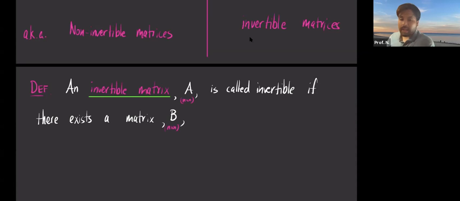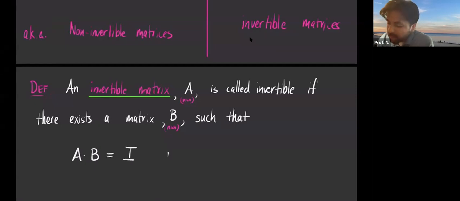There's going to be a lot of n's here. So a square matrix is invertible if there exists another matrix such that when you multiply A with B, it gives you the identity, and when you multiply it the other way around, it also gives you the identity.